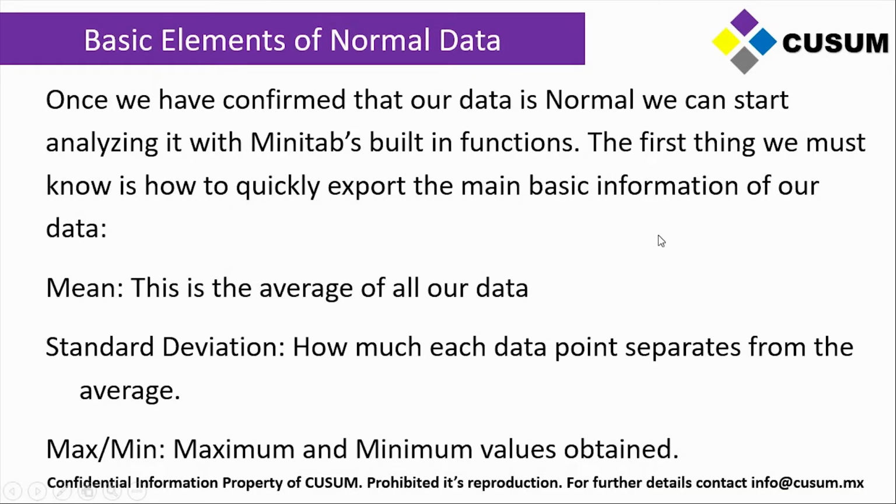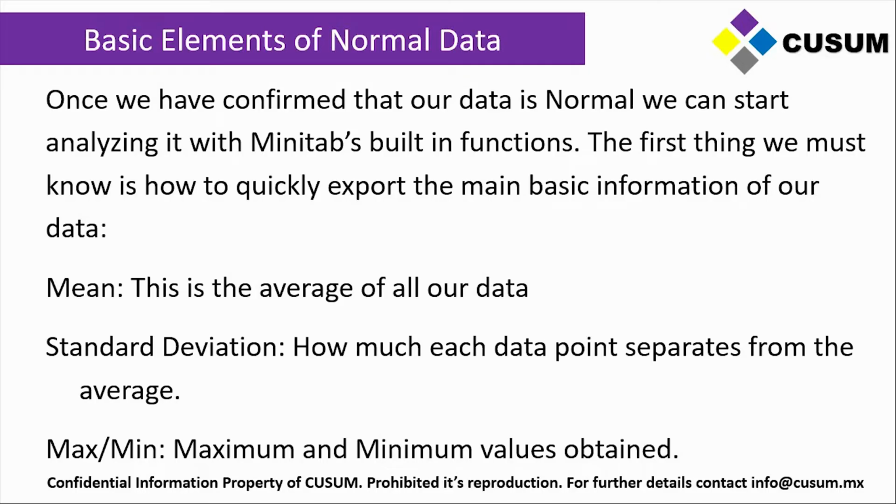Now, we'll talk about that later on, once we talk about distributions and individual distributions and how to make Minitab tell you if it's a Weibull or a chi-square or what distribution. As far as the testing that we've done until this point, we just know if it is normal or not normal. Now, if your data is normal, it will have a mean, which is the average of all your data.